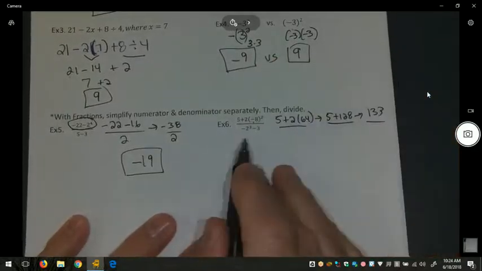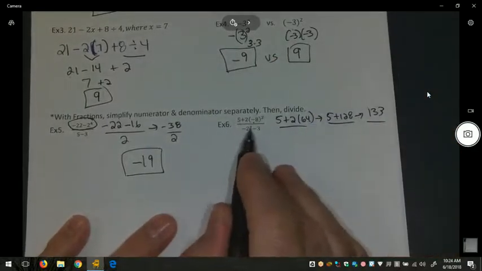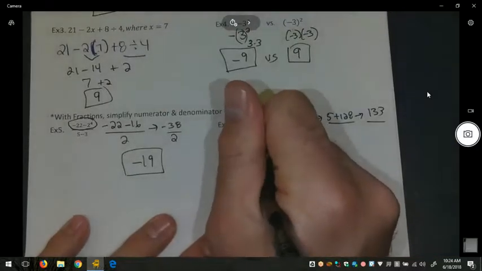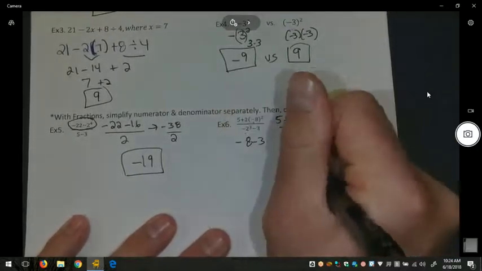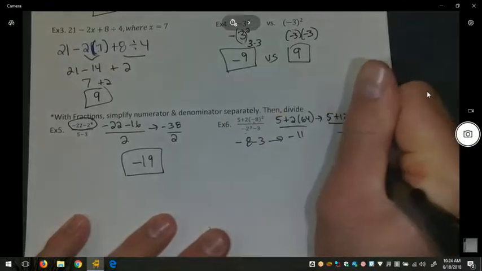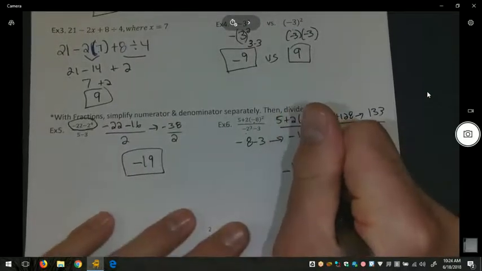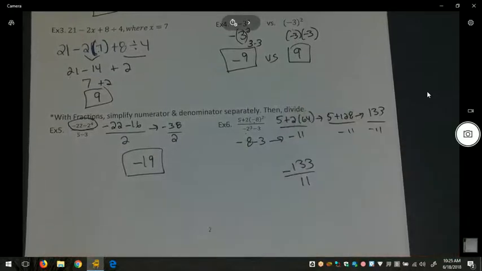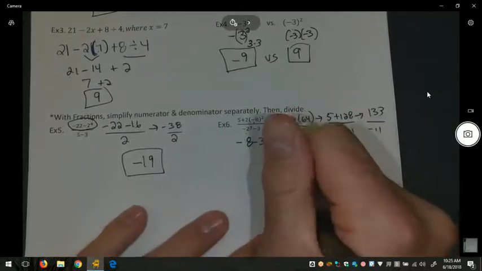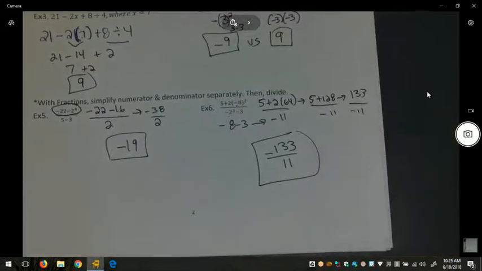In our denominator, we have the opposite of 2 cubed, which will be the opposite of 8 minus 3, which is negative 11. 133 divided by negative 11 cannot be reduced. So you can leave it as an exact value in fraction form. The decimal approximation is negative 12.09, or negative 12.09 repeated for an exact.